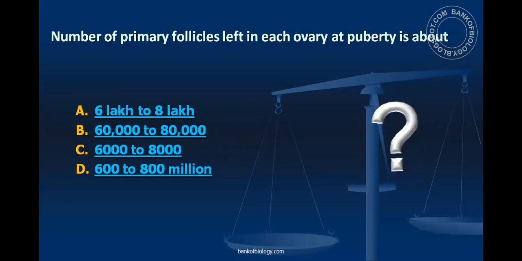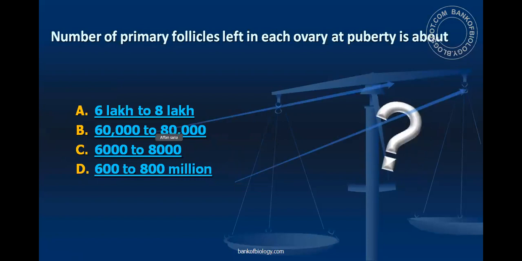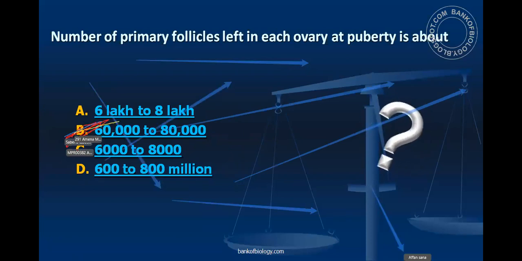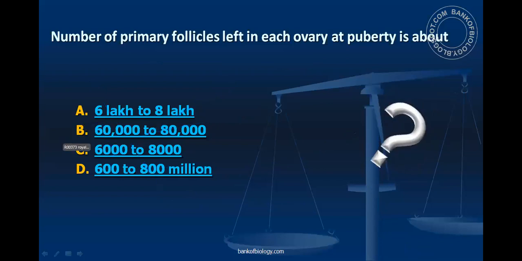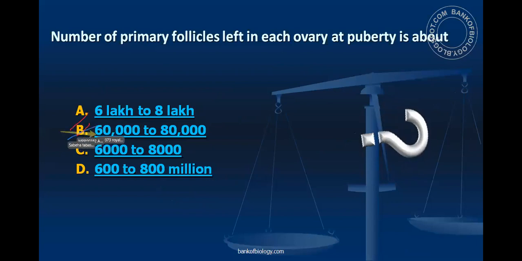Number of primary follicles left in each ovary at puberty is about. Yeah, 60,000 to 80,000. Very good.